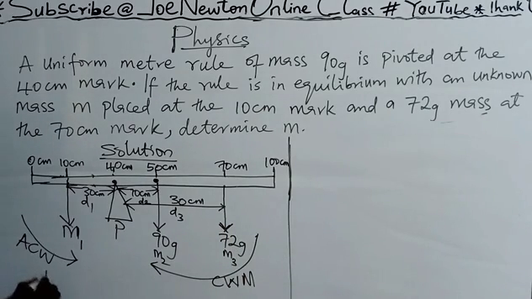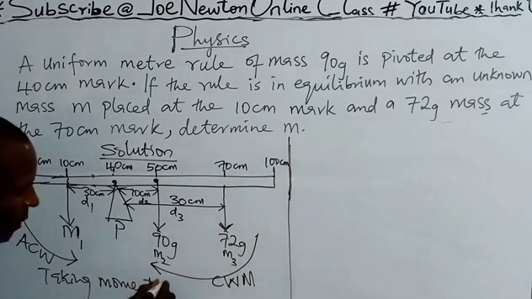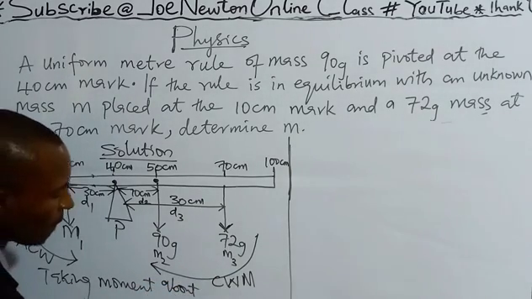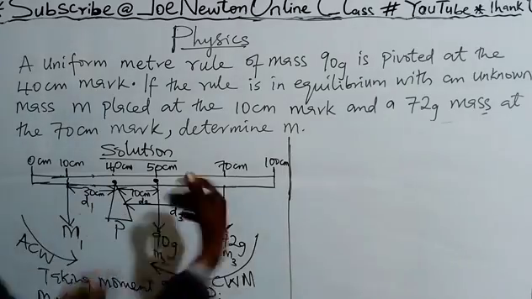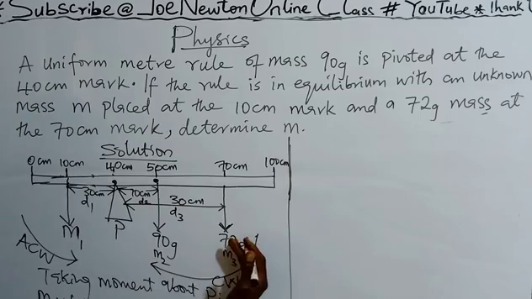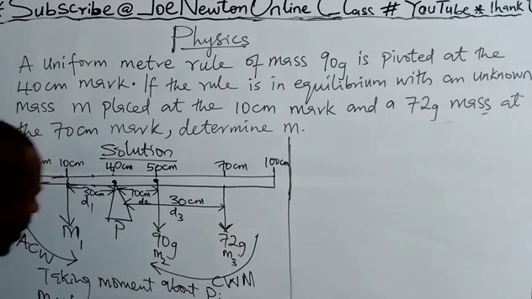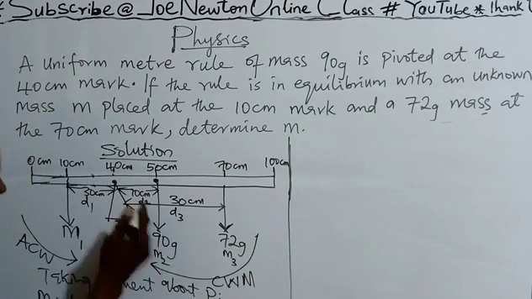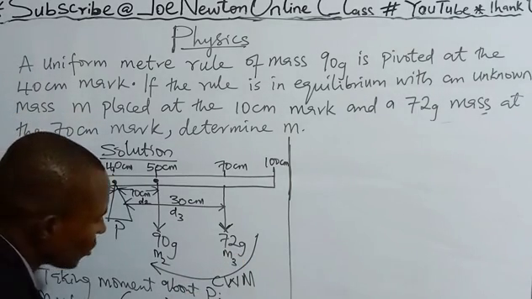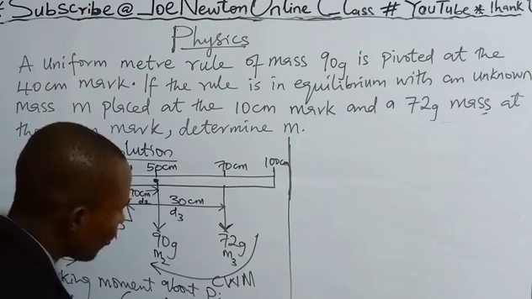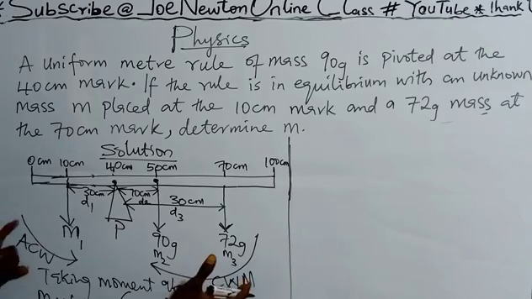Now, taking moments about P, for the anti-clockwise moment we have M1 times D1 equals, for the right hand side, we have two masses representing two forces acting on this: M2 times D2 plus M3 times D3. So this is the equation formed in line with the principle of moments.